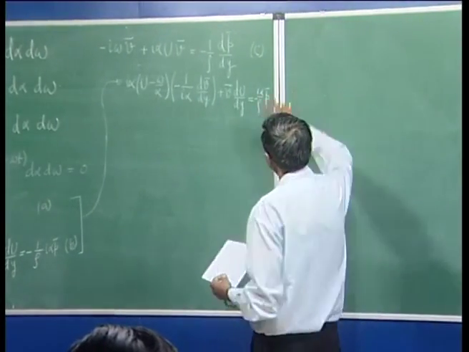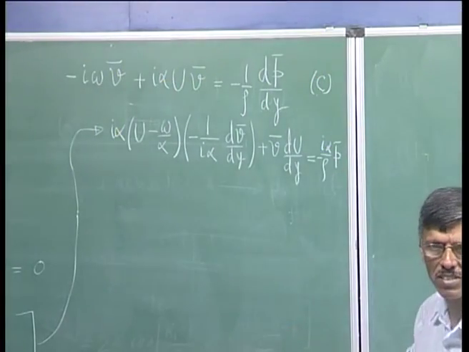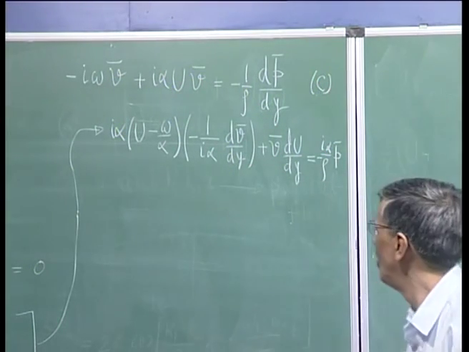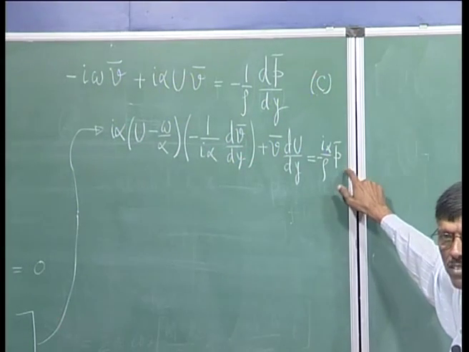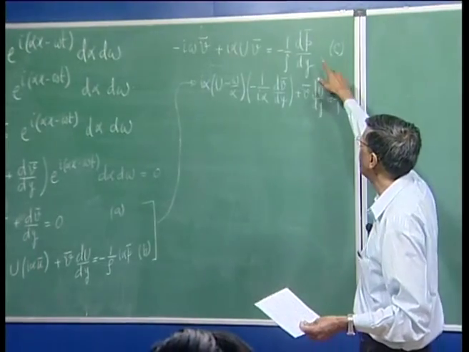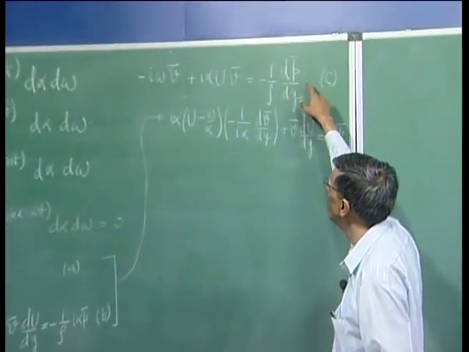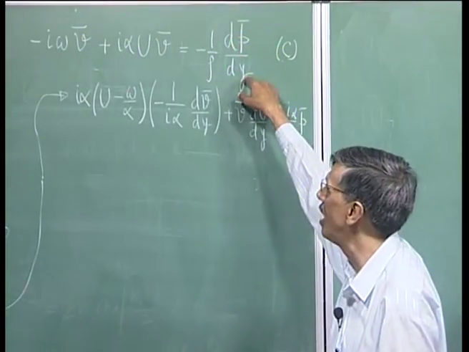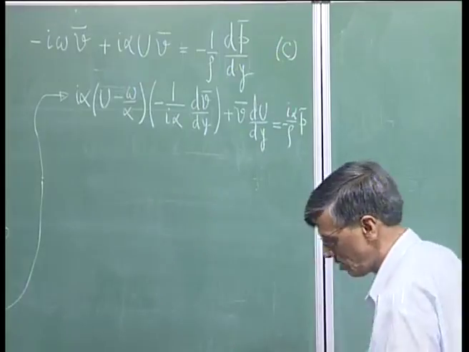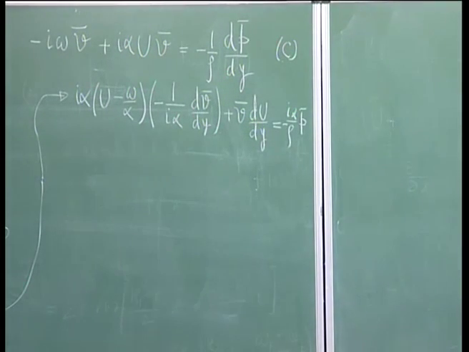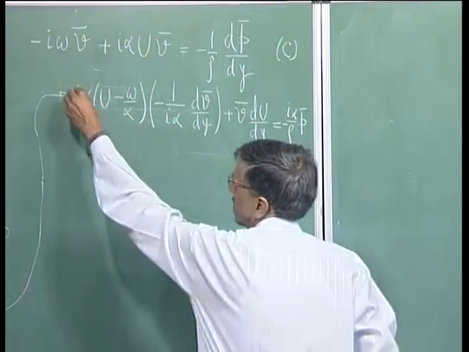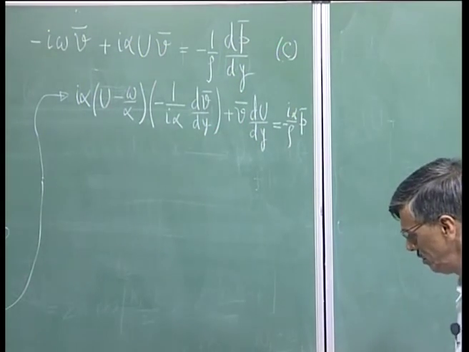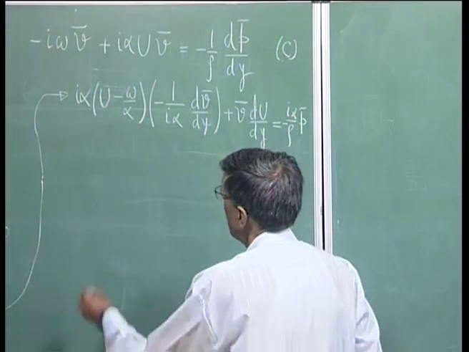Now between these two equations, we can eliminate p bar also. What do I do? I differentiate this last equation with respect to y, and then I have an expression for dp bar dy in terms of v bar. So we can do that. What would we get? So here, as you can see, this I alpha goes off. So what do I get?